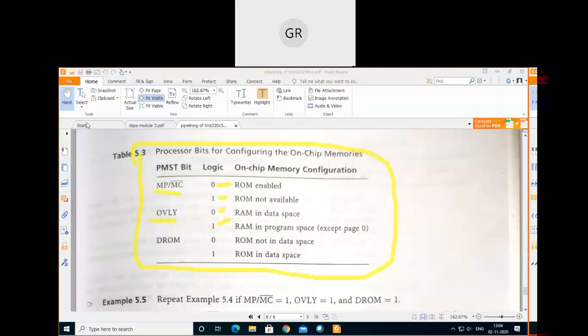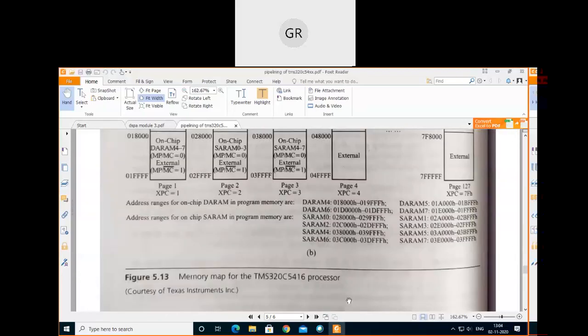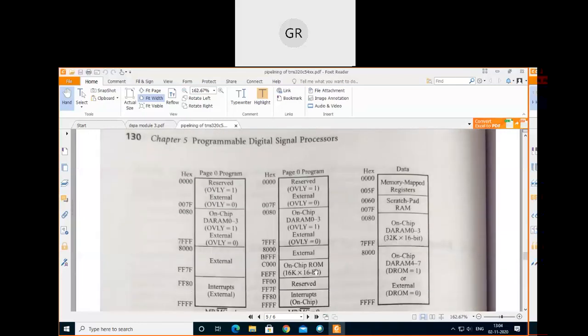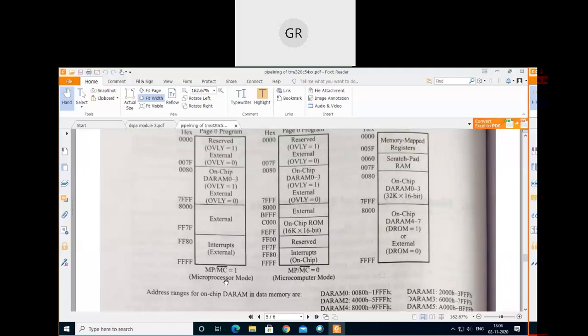Okay, I'll show you here. Then see here. When MP/MC bar equal to 1, we call this microprocessor mode. When MP/MC bar equal to 0, it's in microcomputer mode.